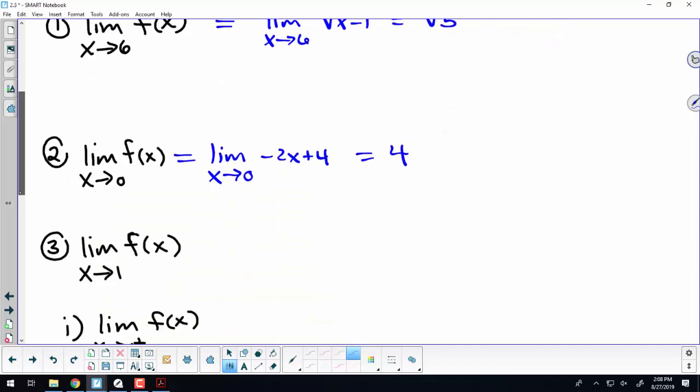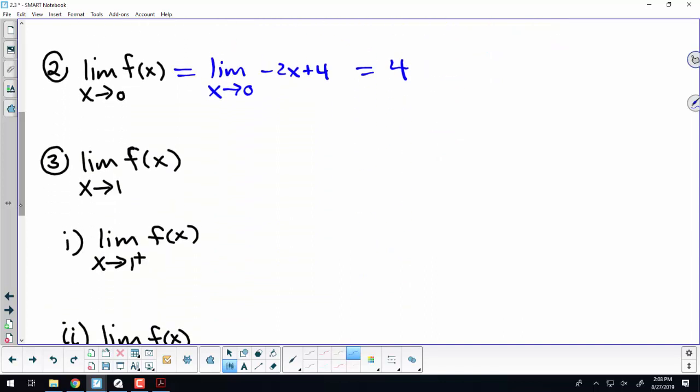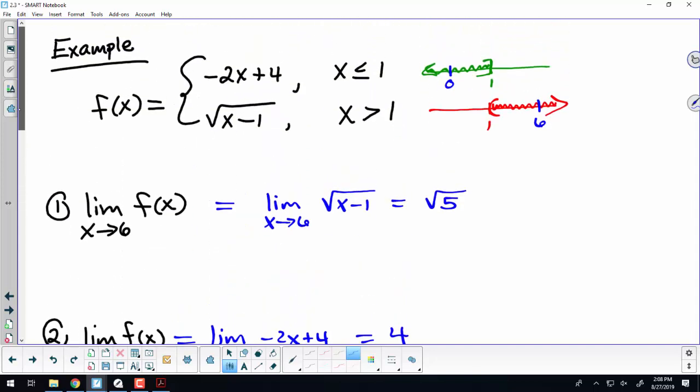So to answer the question, what is the limit as x approaches 1 on that function, we really need to look at the one-sided limits. So as x approaches 1 from the right on the given function, what piece are we using and what is the limit? We'd use the bottom piece.